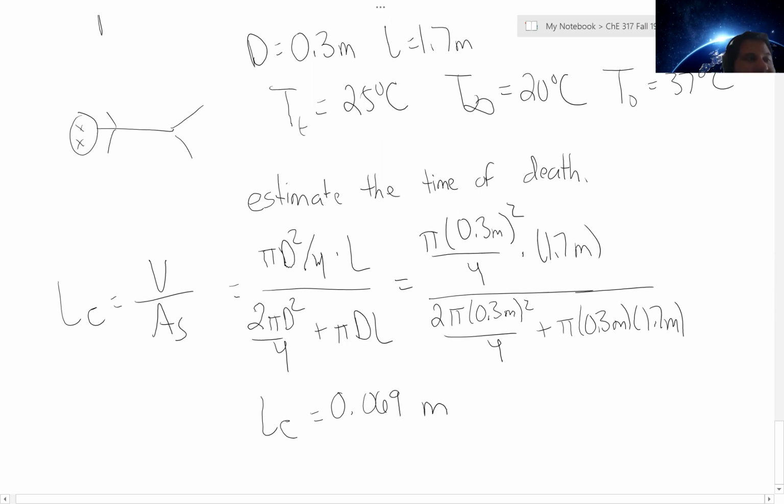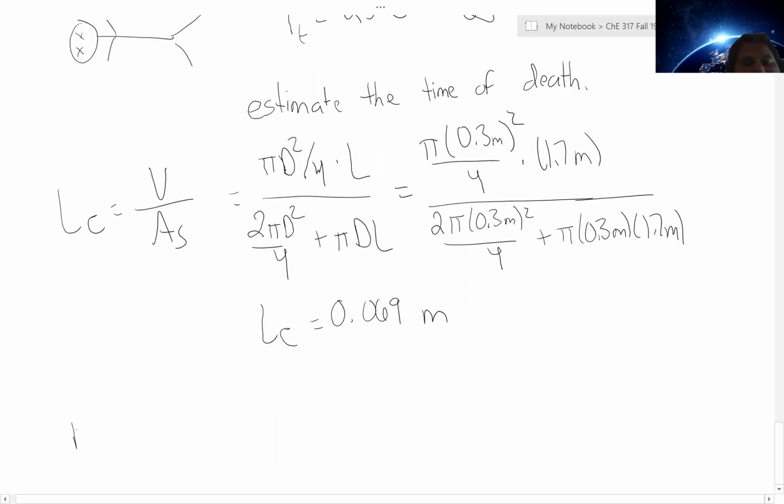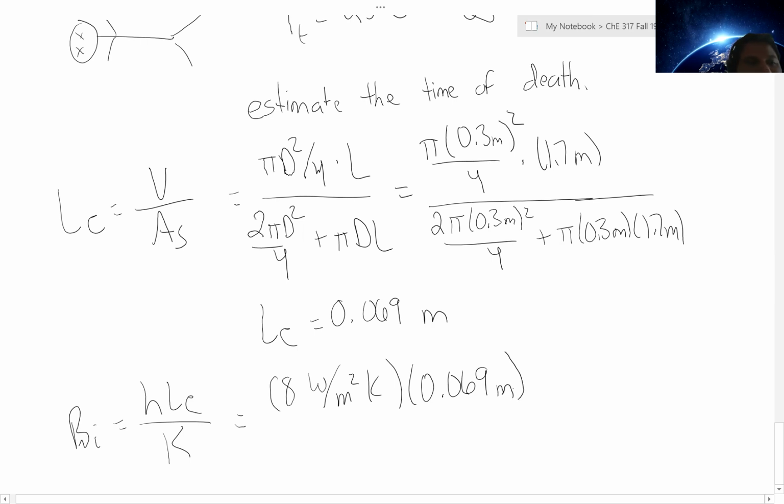So with this in mind, we can identify the Biot number as h times L_c over k, or 8 watts per meter squared Kelvin times 0.069 meters, divided by the k, which, did I give you the thermal conductivity? I did not.